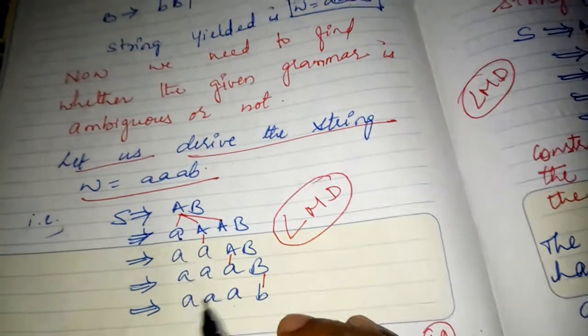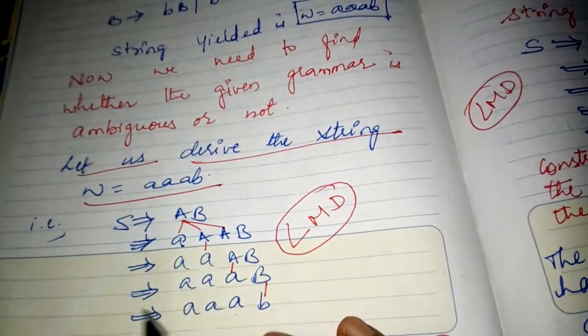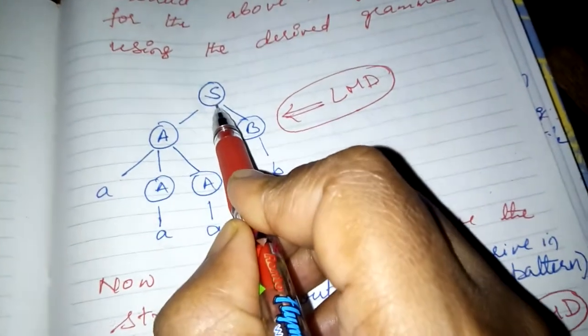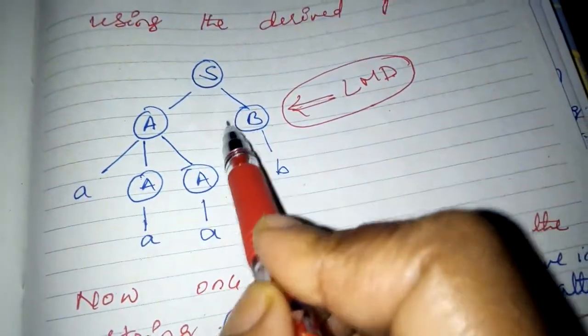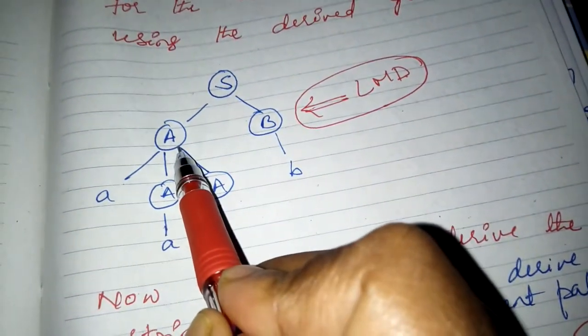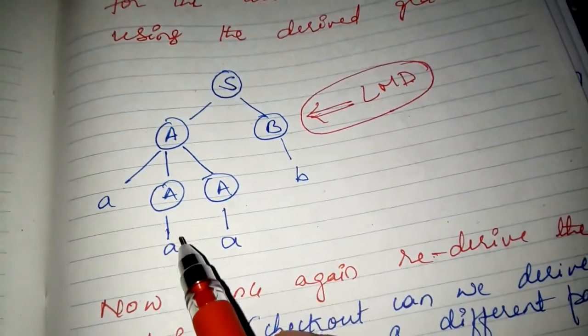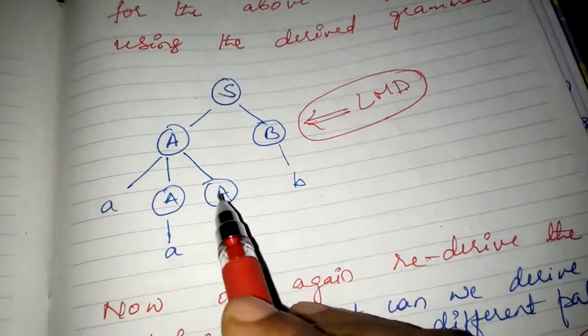Now for this I will construct the parse tree. To construct the parse tree, we will see here. You have considered S derives AB. You can see here again this variable rederives lowercase a and a variable. Again this rederives to a lowercase terminal symbol.